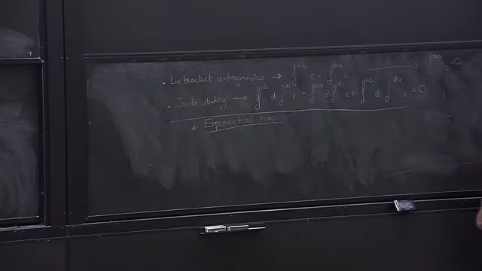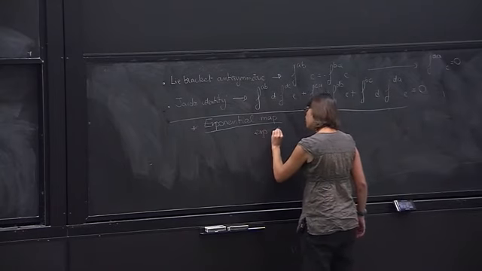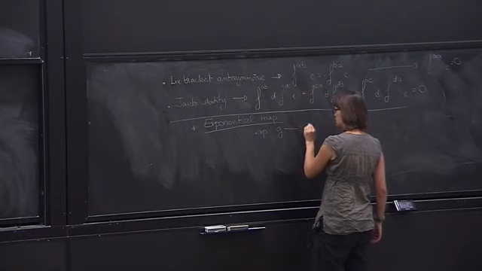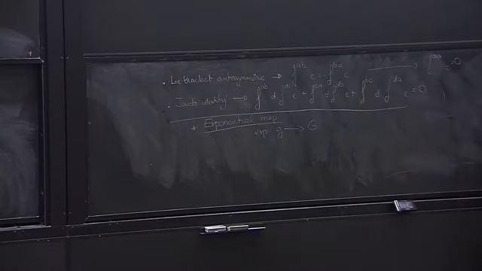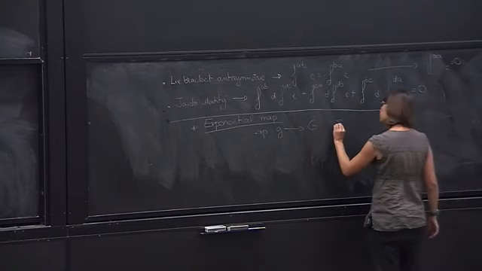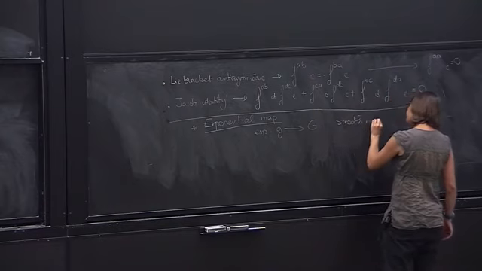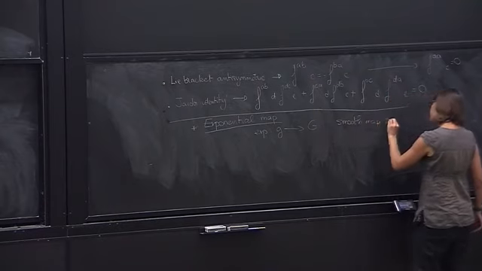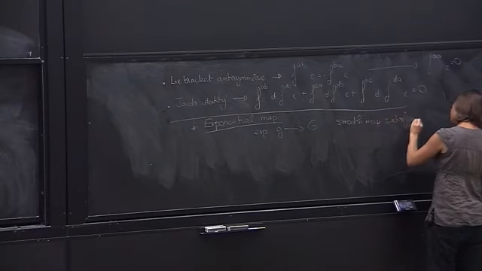The exponential map is going to be a map starting from the Lie algebra that gives you a group element. It's a smooth map satisfying these three properties. So what do you want to satisfy?